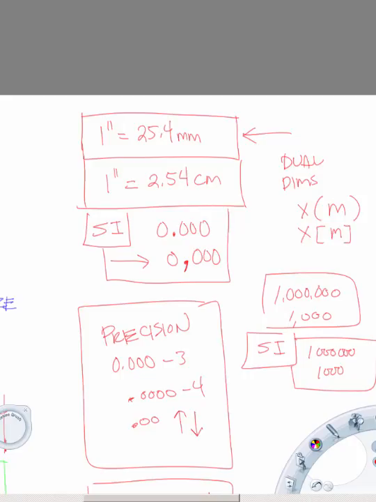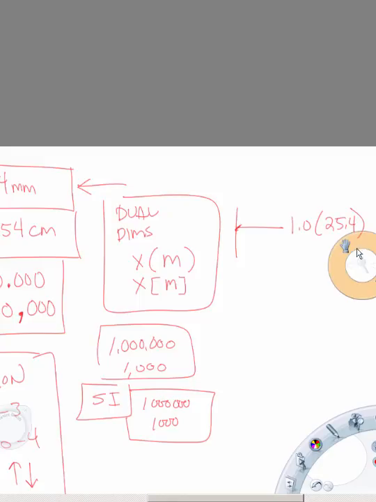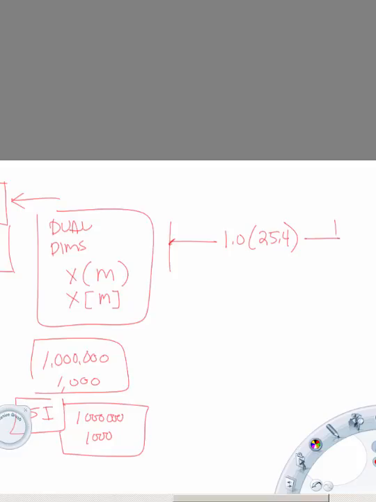So if I were going to dual dimension 1 inch, I would do something like this. Here's my 1 inch, or maybe 1.0, and then I would have 25.4 as the actual way the dimension shows up, or however your particular CAD package works.